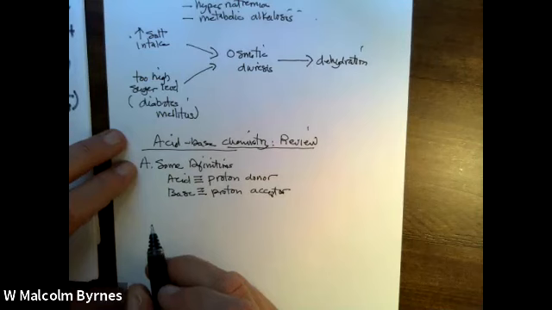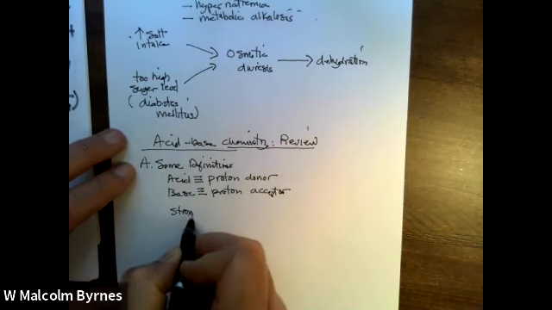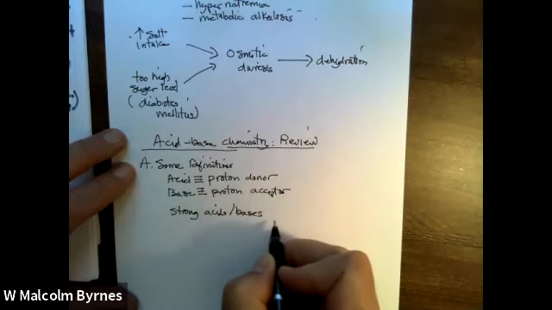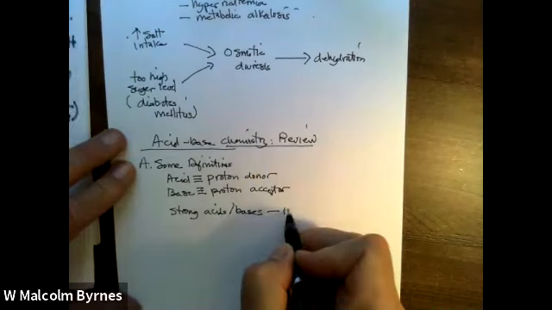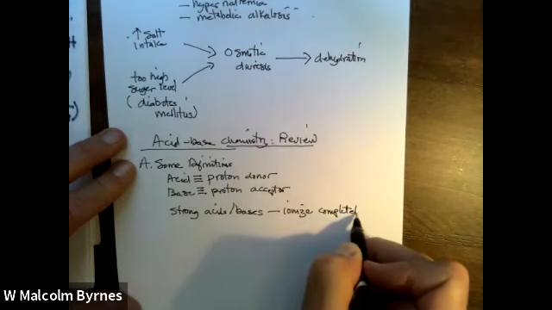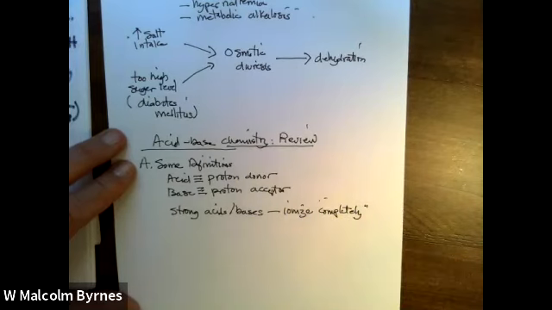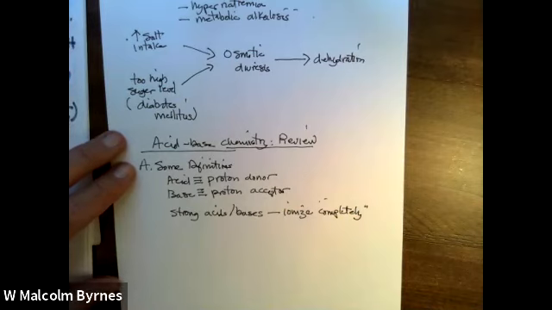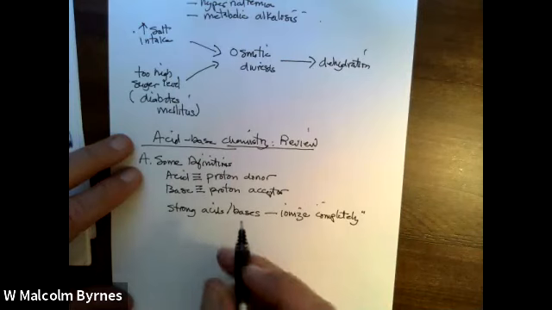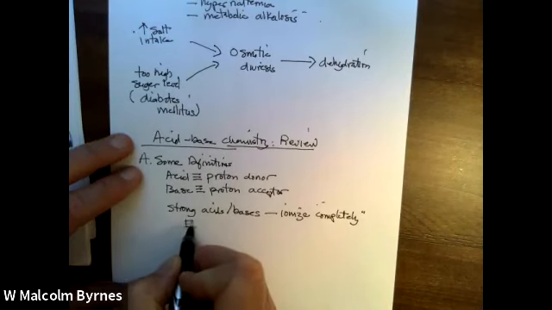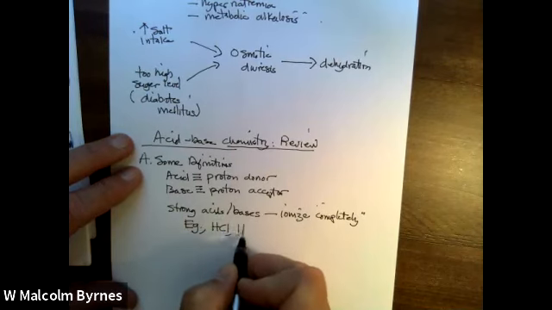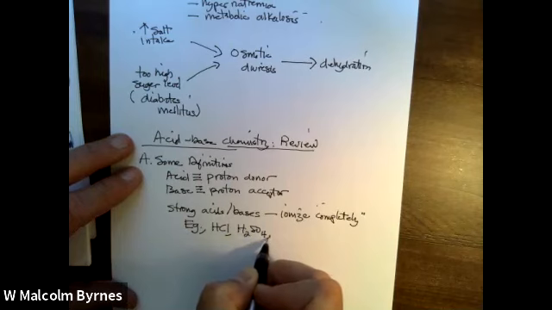So let's look at some examples of strong acids and bases. Okay. What these do in solution is they ionize almost completely. Ionize completely, okay? That equilibrium for their ionization lies far to the right. And here's some examples. Okay, so hydrochloric acid, sulfuric acid, right?